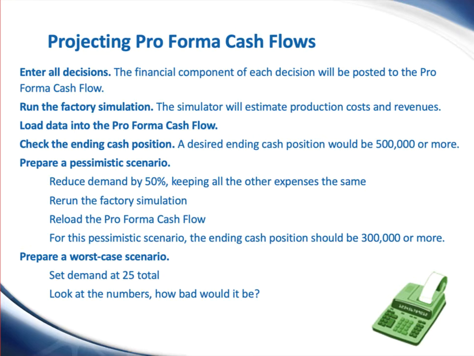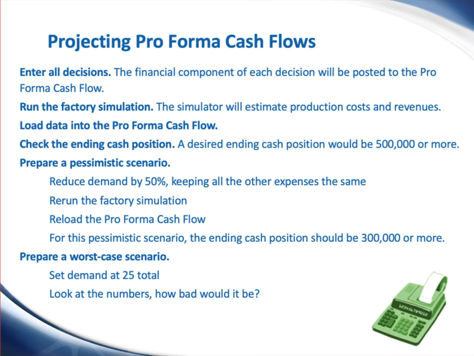And then you might even look at the worst case scenario. Put the demand at a quarter of your expected sales and look at the numbers and look how bad it would be. While you're probably thinking at this point, why am I doing that? It is extremely important because you do not want to run out of cash with an emergency loan by the loan shark at the beginning of the simulation.